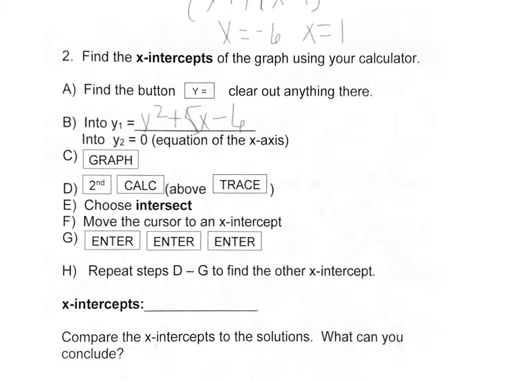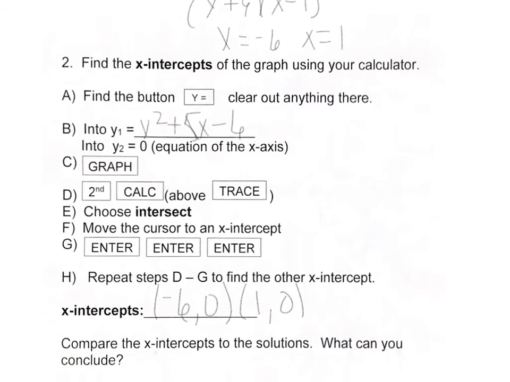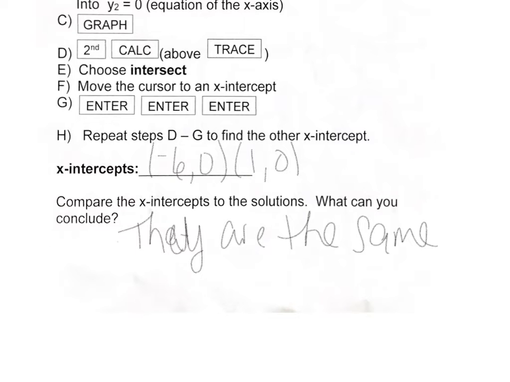So you're going to see that your x-intercepts are 1 and -6. So you have -6, 0, and 1, 0. So how did they compare to the x solutions? What can you conclude? You can conclude that they are the same. So did you get them right? Yes, you did.